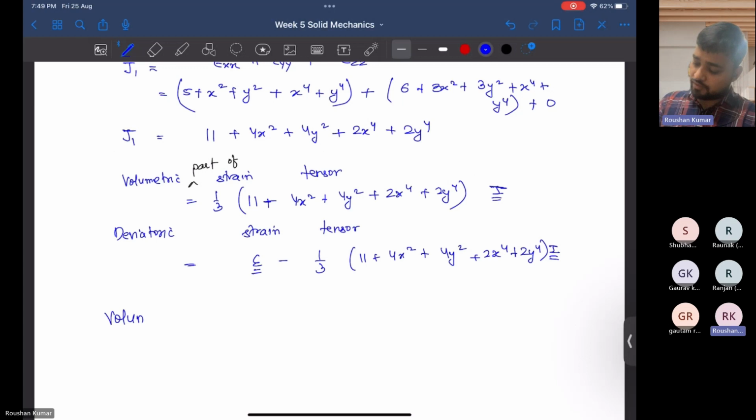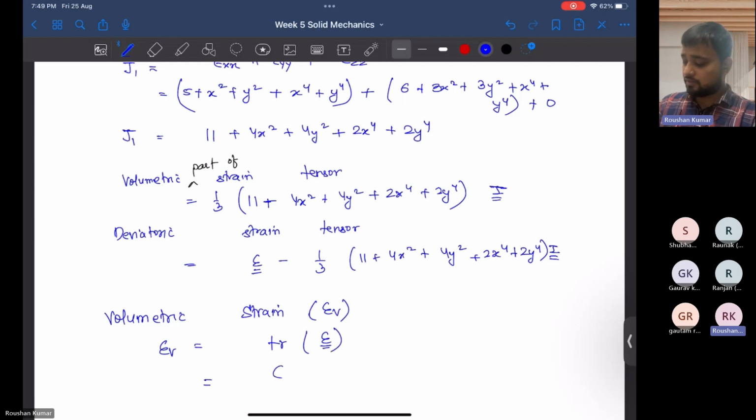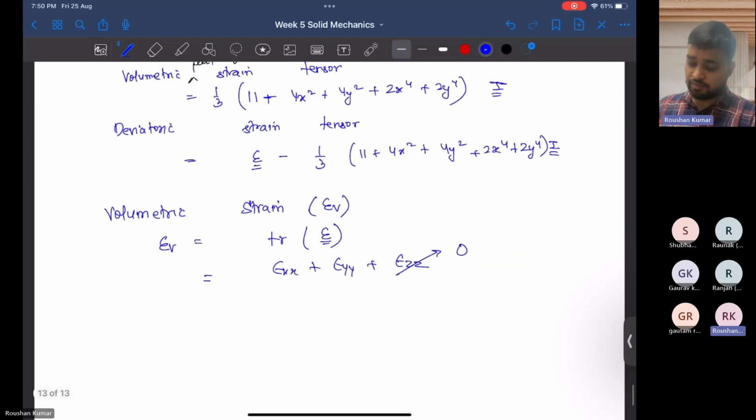So the volumetric strain, epsilon v, is given by the trace of the strain tensor, that is epsilon xx plus epsilon yy plus epsilon zz. Here epsilon zz is 0, there are only epsilon xx and epsilon yy.